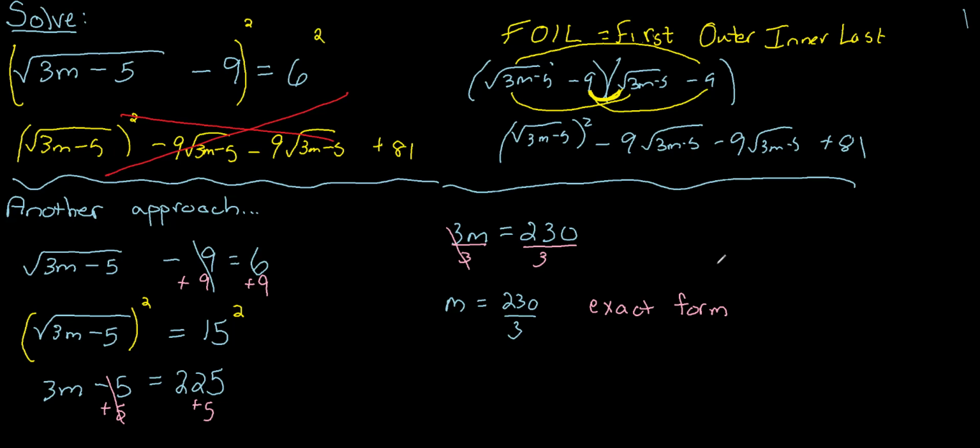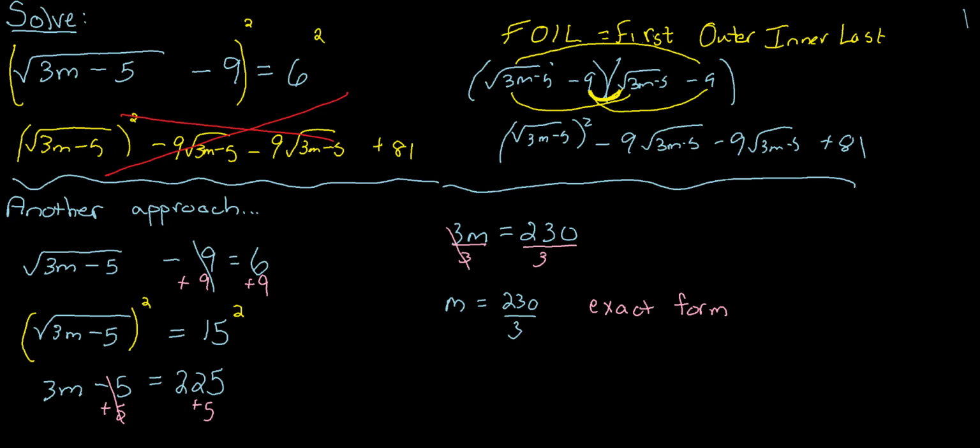So you want to keep everything in exact form until the very end of everything you've ever done. So unless somebody says round it to the nearest decimal or the nearest cent or something like that, you want to present your answers in exact form, no decimals, just keep everything very precise like that. So I'm going to leave it like that. That's my final answer, 230 divided by 3.